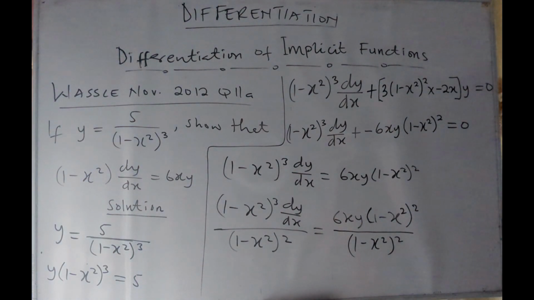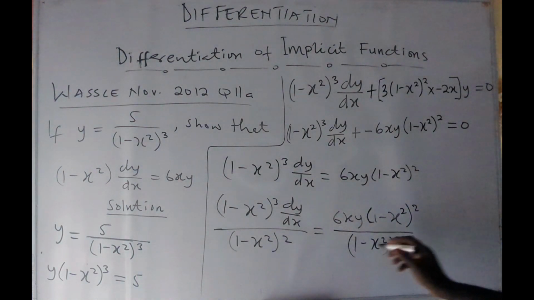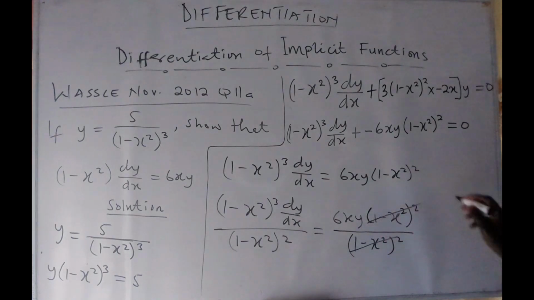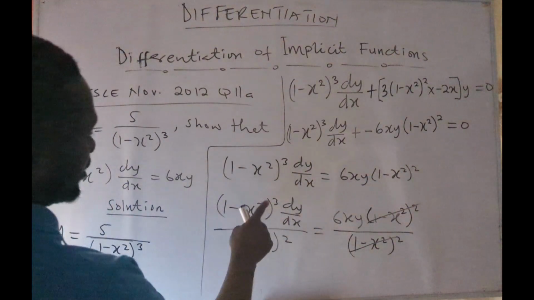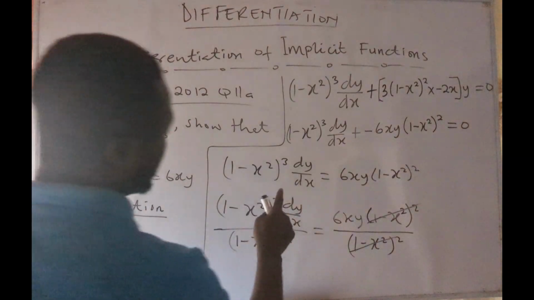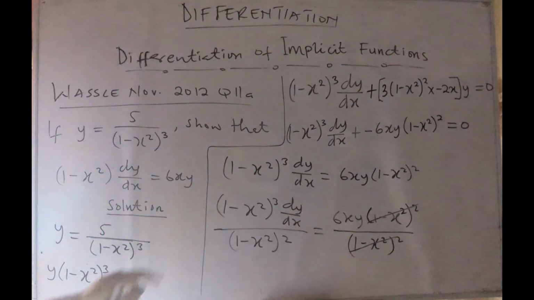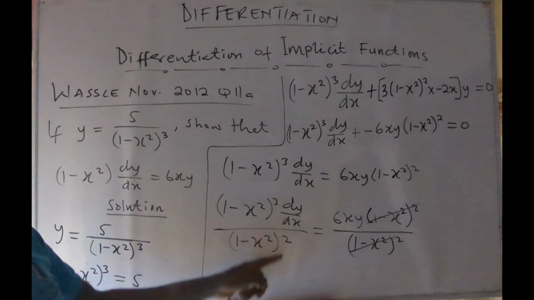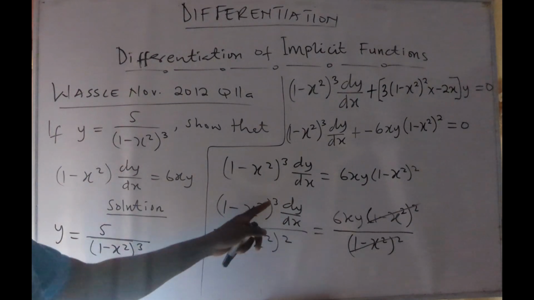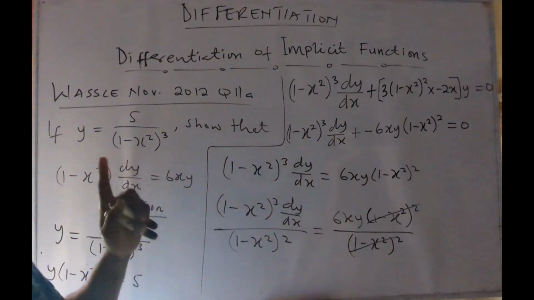All right. So what we can see here is that this is going to cancel away. And then we have (1 minus x squared) and (1 minus x squared). This is exponent 3, this is exponent 2. So in this division, I'll subtract, so that here we get (1 minus x squared) exponent 1. So 3 minus 2 gives us 1.